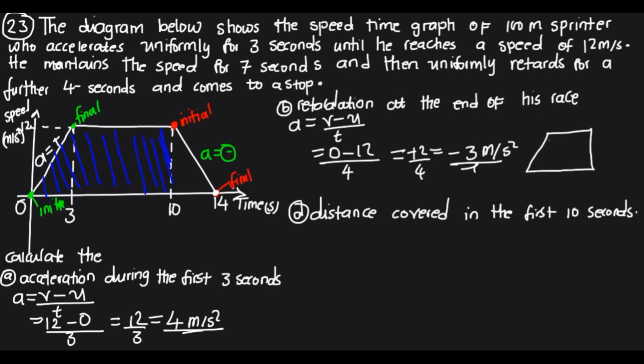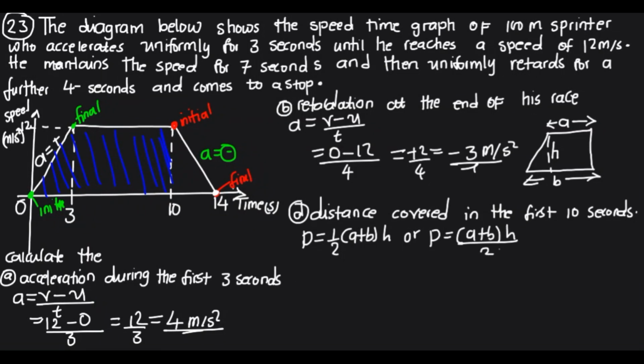For a trapezium like this one, this distance is the height, the smaller one on top is A, then we have this B here. The formula for a trapezium distance is half A plus B multiplied by H, which is the same as A plus B times H over 2.